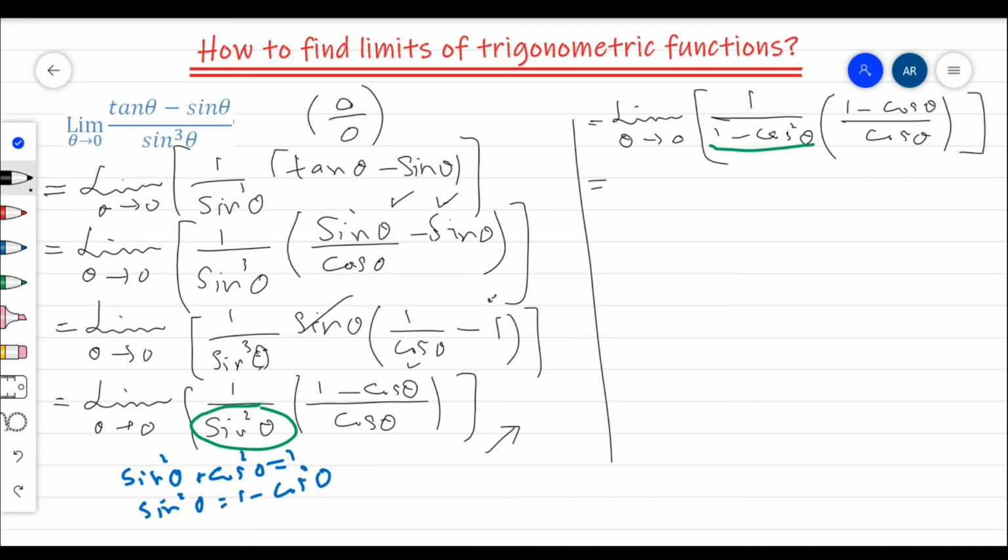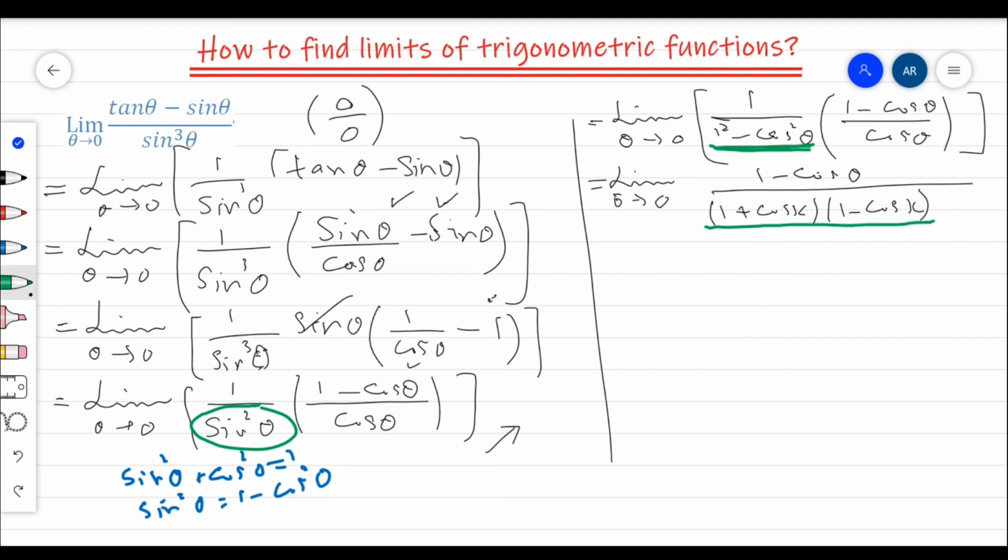Now limit theta approaches 0. 1 minus cos square theta in the numerator, and in the denominator we can write this 1 as 1 square. So 1 square minus cos square, we can use the formula a square minus b square, which is a plus b times a minus b. So we get 1 plus cos of theta times 1 minus cos of theta.